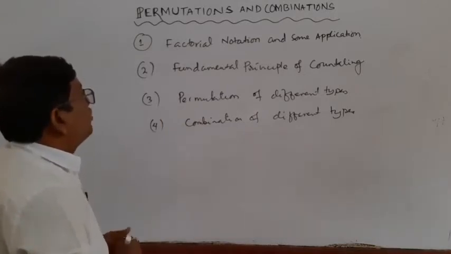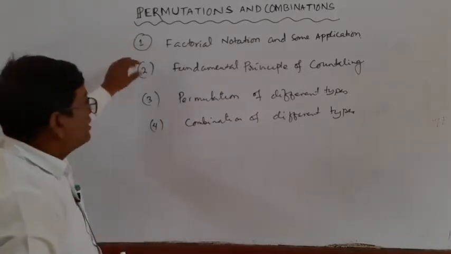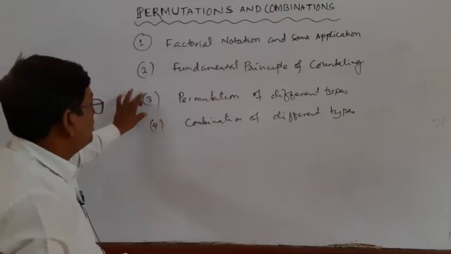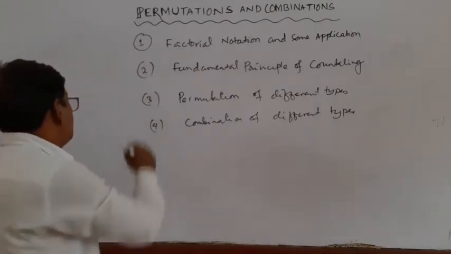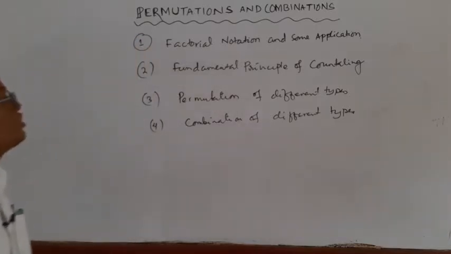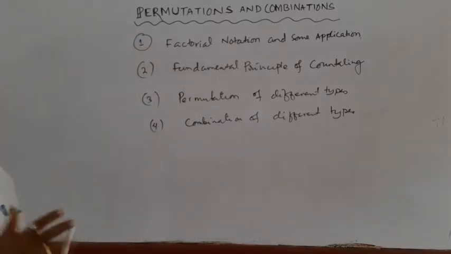These are the sequence of discussing. Factorial notation and application is one class, permutation is two classes, and combination is two classes. Now we'll discuss factorial notation and its application.